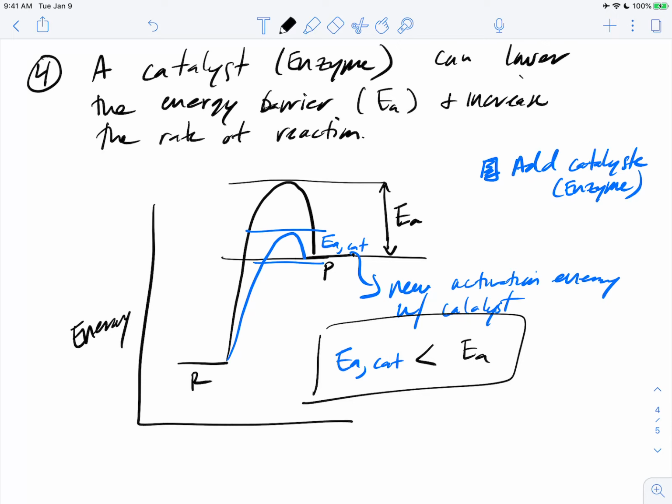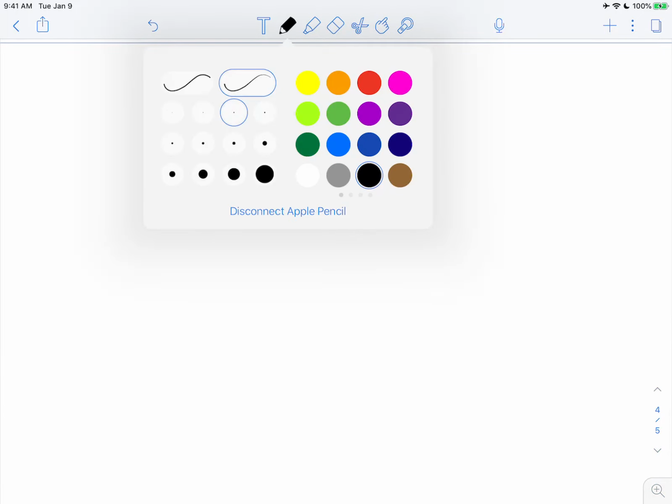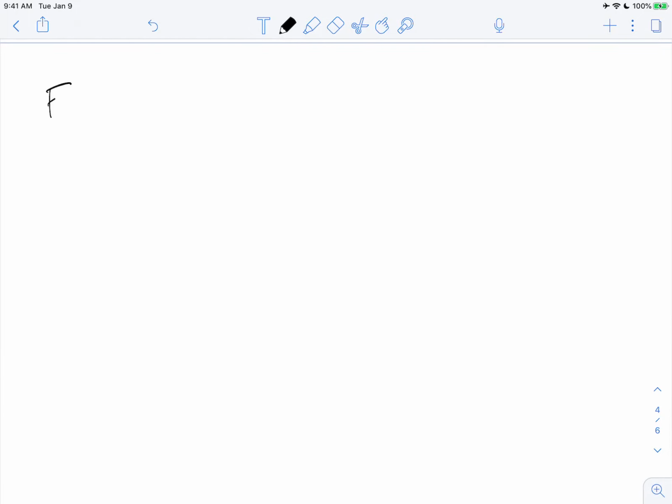So those are the three main ways in which we can modulate. The orientation we can't change. A catalyst can kind of help with that, but adding a catalyst will do a couple things. So just to summarize, if I want a really fast reaction, I want it to happen, and I want it to go fast.